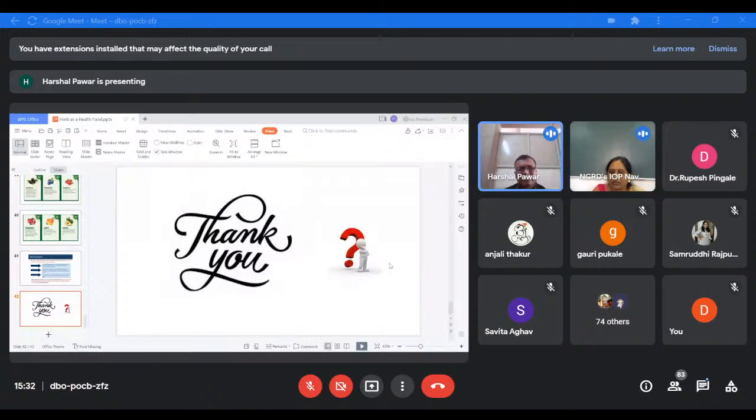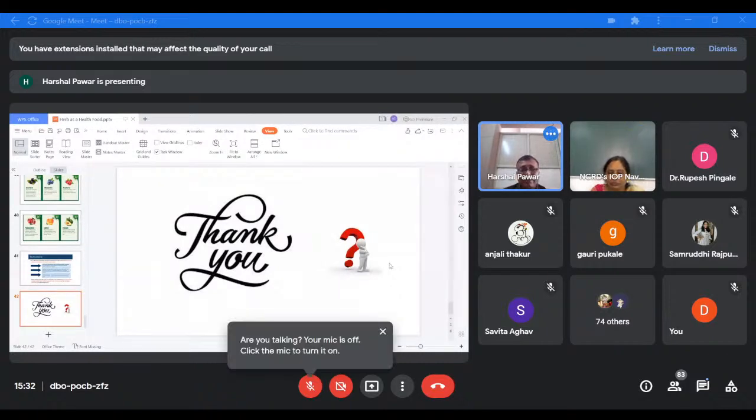I already answered this question. Just go through the FSSAI website, the Food Safety and Standards Authority of India. On the website you will get the guidelines.